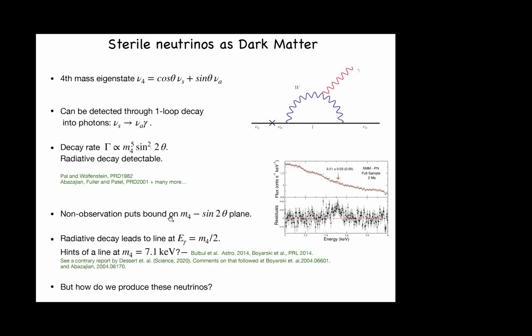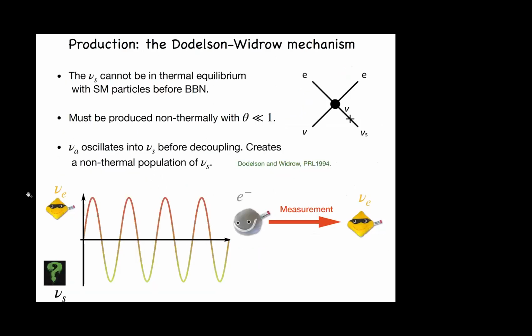So then the question is, let's assume for the time being that these sterile neutrinos indeed exist and can give such lines. But then how do you produce these sterile neutrinos in the first place? Cosmology does not allow the sterile neutrinos to be in thermal equilibrium with the standard model particles, because cosmology predicts the amount of primordial deuterium and helium in the early universe, and that tells you the amount of radiation that you can have.